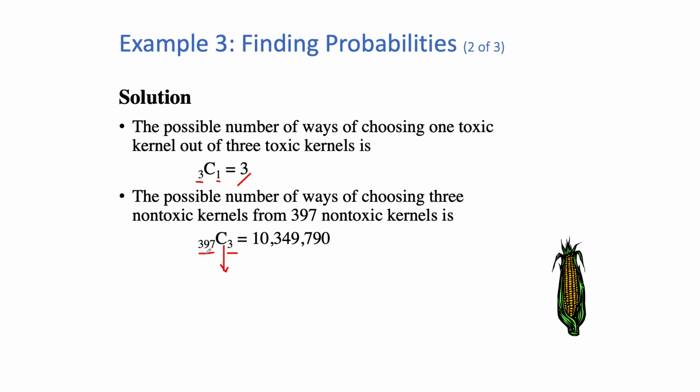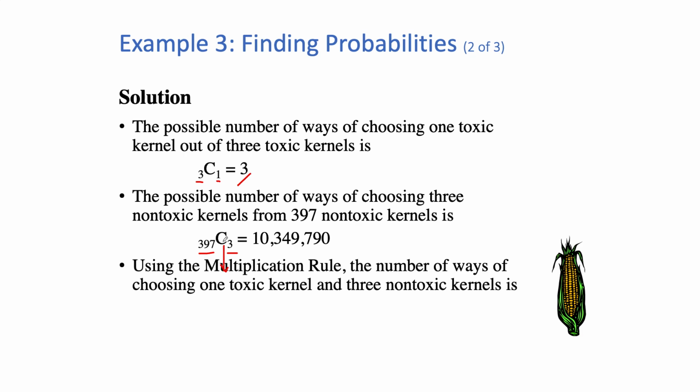I'm going to choose 3, and it's a combination in the sense that the order doesn't matter. From this, I know that there are 3 ways to choose one toxic kernel, and 10,349,000 so on ways of choosing the non-toxic kernels.